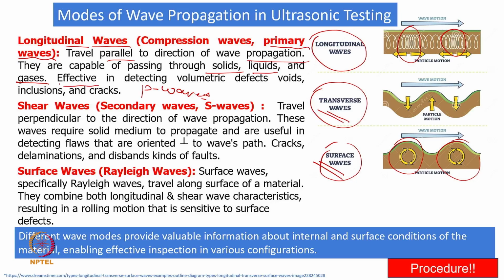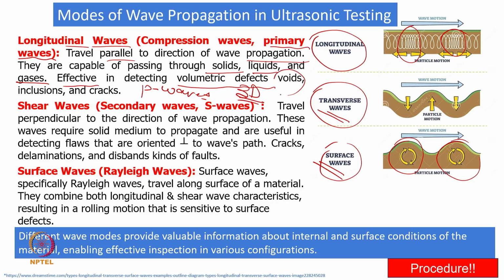Now, this is effective whenever there is a volumetric defect, where the defect has a volume. In one of the earlier slides I mentioned, it can be a 1D defect or it can be a 3D defect. Generally, we are not counting 2D defects. So, this will be good for the 3D defect, and that is what we call a volumetric defect.